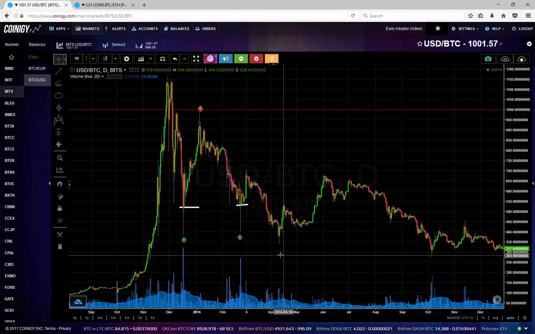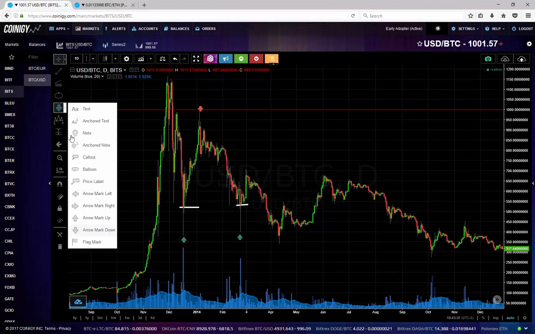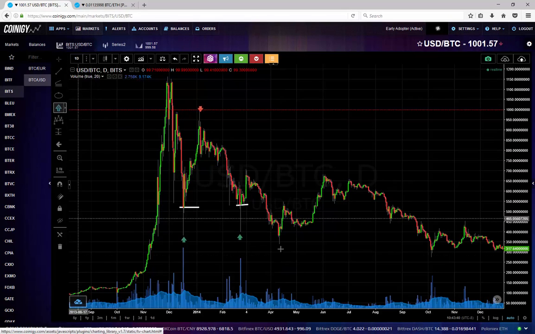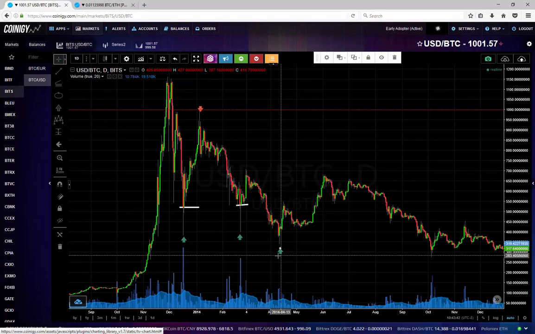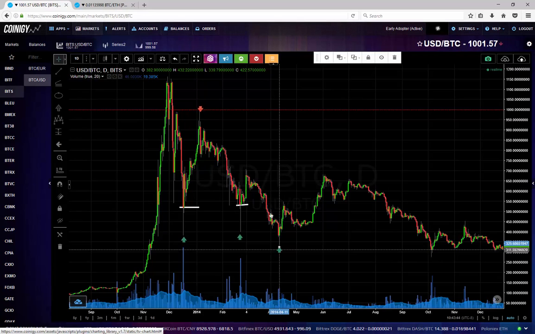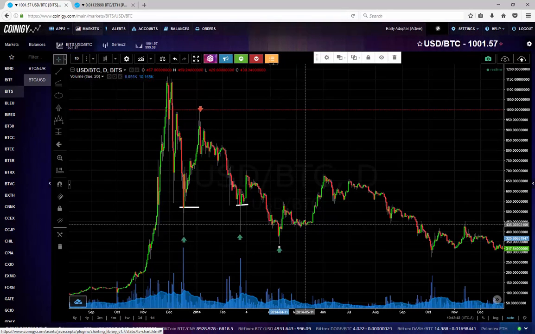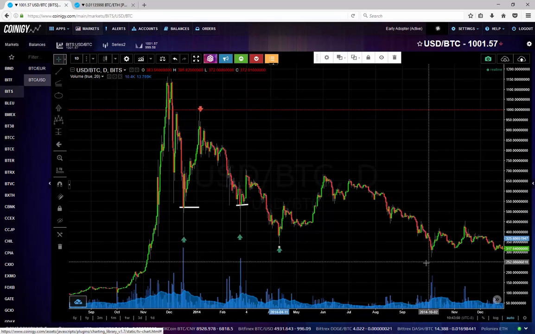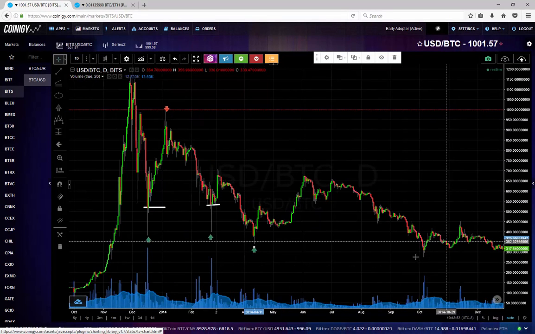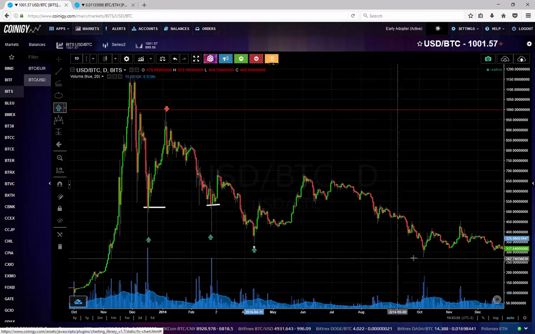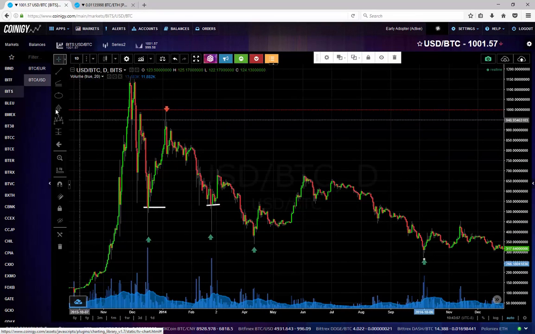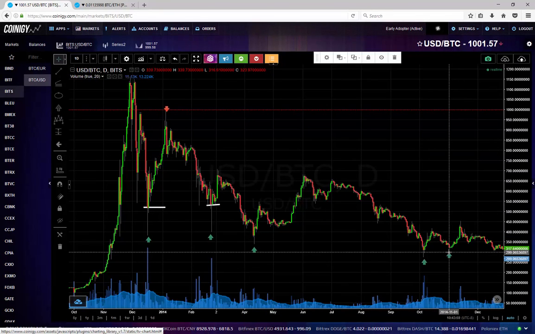And here's an example of an Adam and Eve double bottom. What an Adam and Eve double bottom is, it's where you have a sharp wick, a bounce, followed by a curved rounded bottom. We have another example right here. Sharp bounce with a rounded bottom, right?